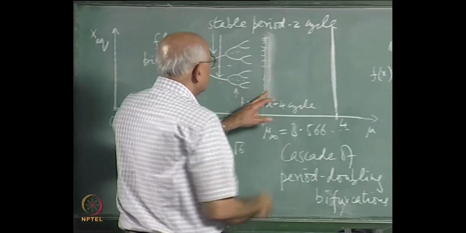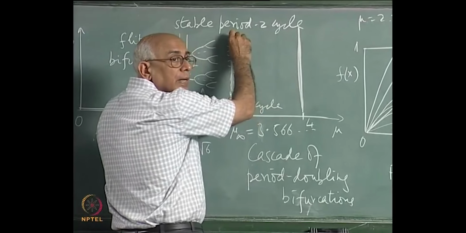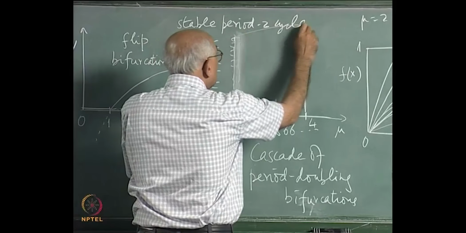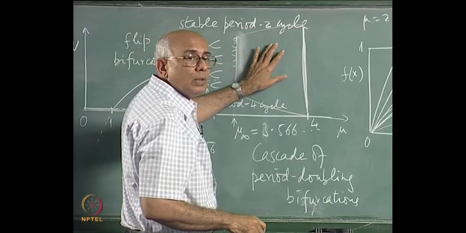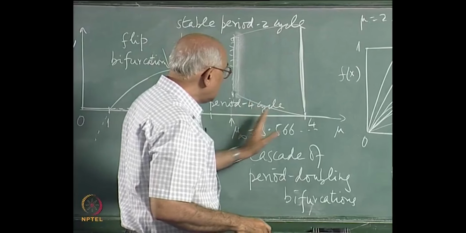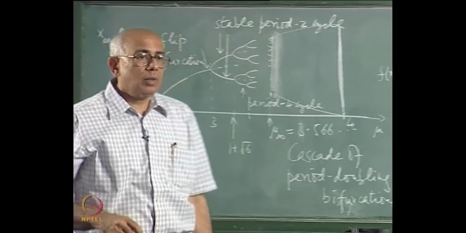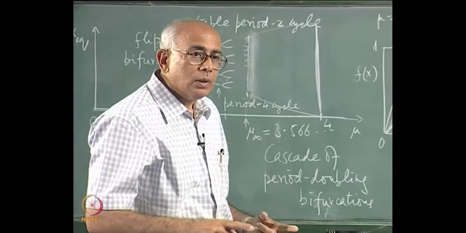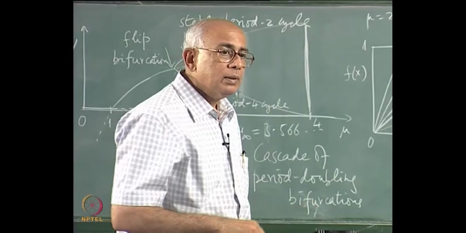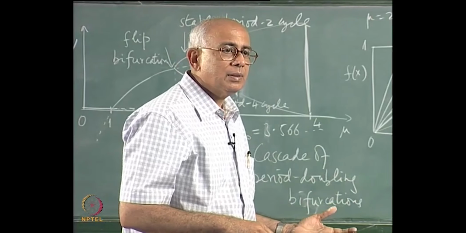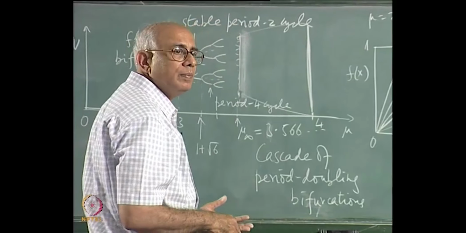But between the end of this first period doubling cycle and the reaching of this chaotic attractor, you have many intricate phenomena that go on between mu infinity and 4, because although all the 2 to the n period cycles became unstable, there are many other integers and we have not exhausted them.